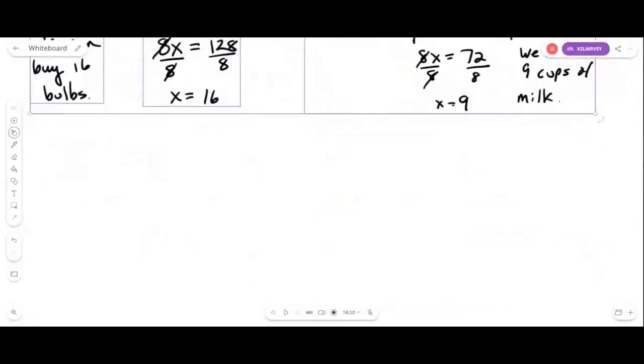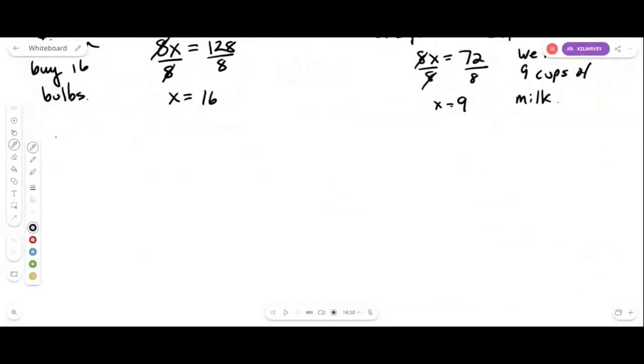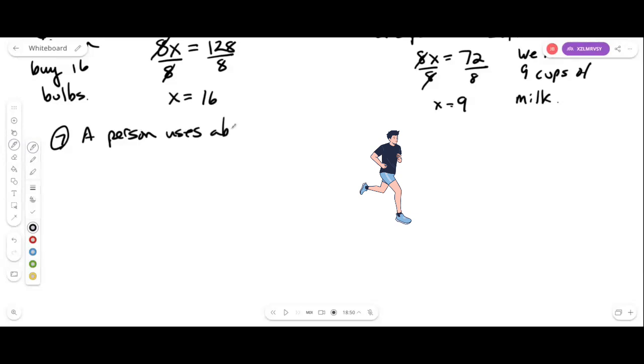All right, our next example. A person uses about 315 calories to jog 3 miles.